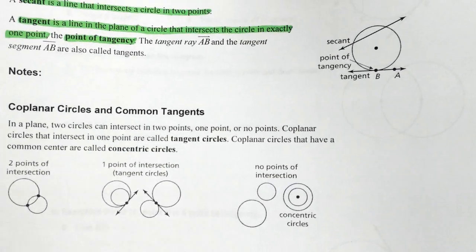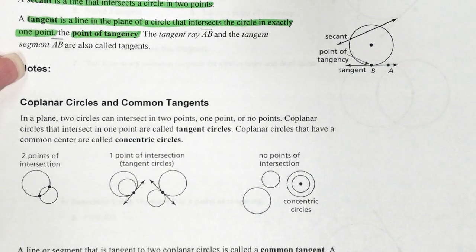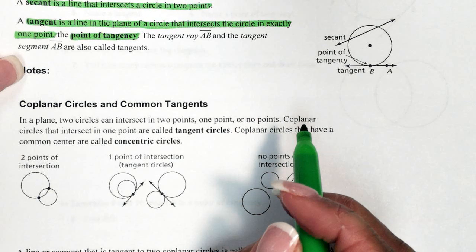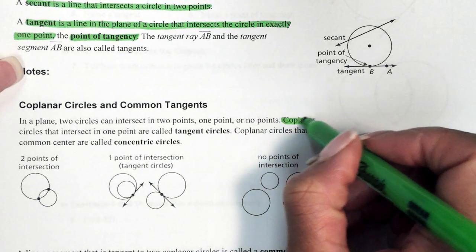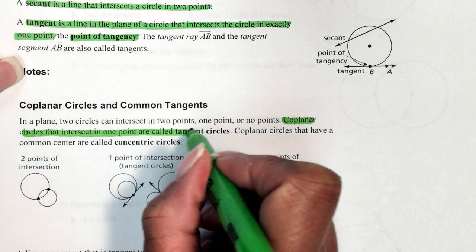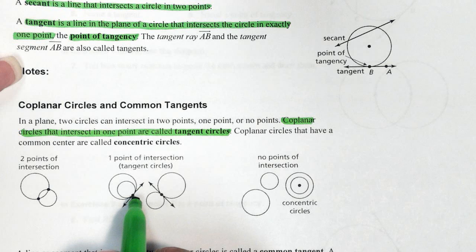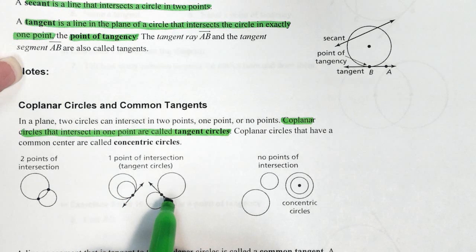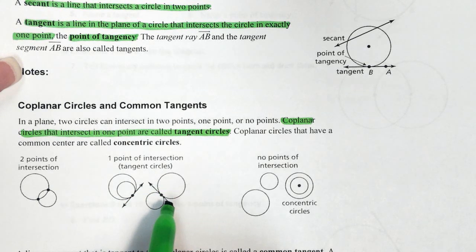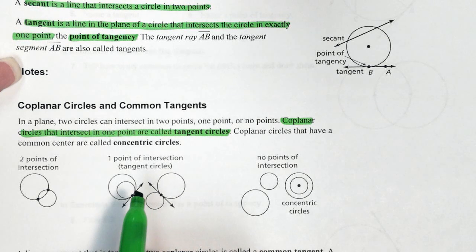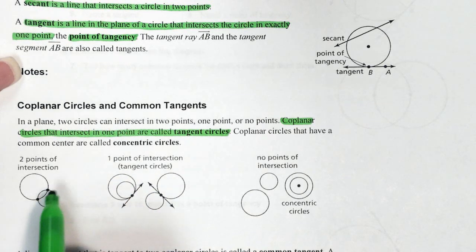In a plane, two circles can intersect in two points, one point, or no points. Coplanar circles that intersect at one point are called tangent circles. These are called tangent circles because there's a tangent line that lays on the edge of each circle, and they share a point of tangency. And then there's also the two points of intersection.